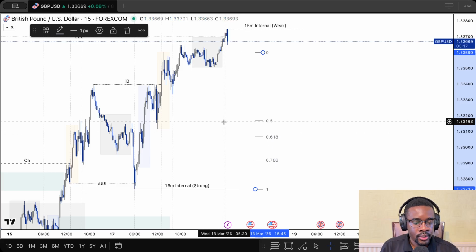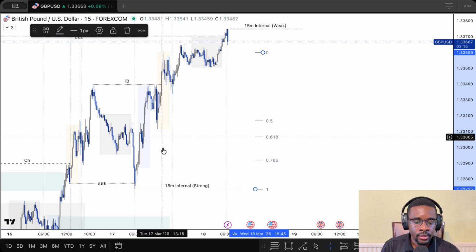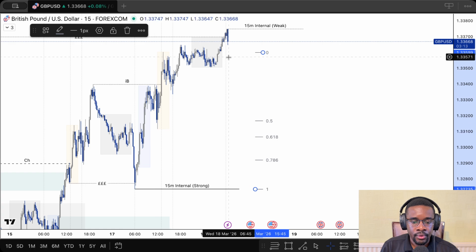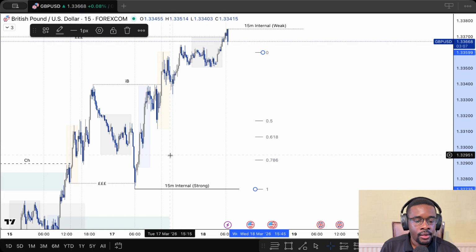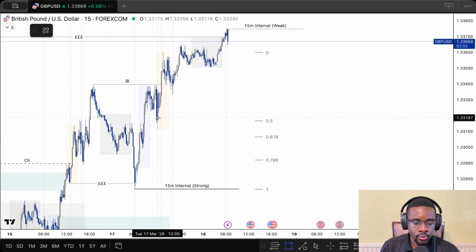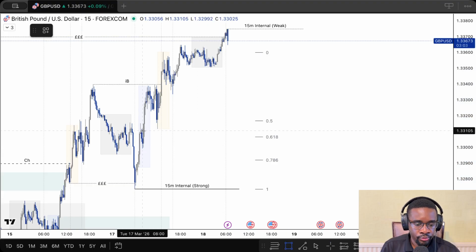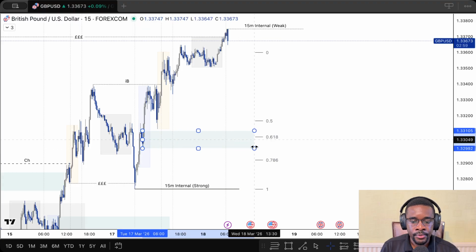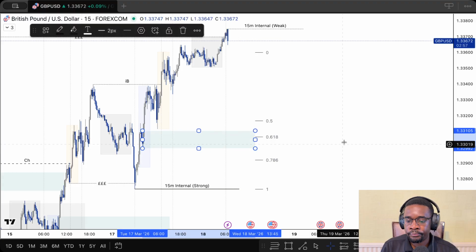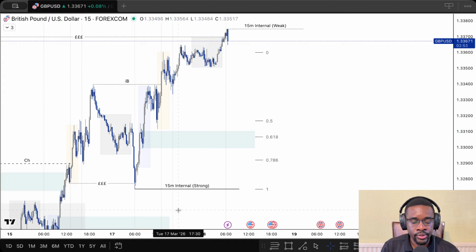So we need to see price at least come down into discount for us to start looking for, or at least to have strong conviction for buys, okay. But also remember that this could be the start of the bullish move, all right, since we are reacting off of a daily demand area, okay.